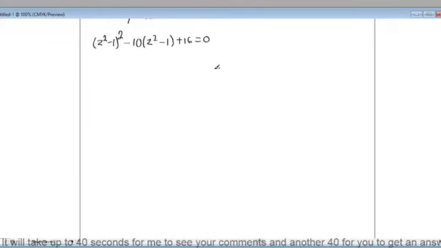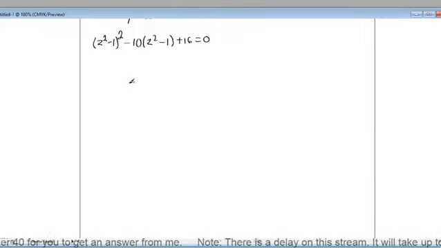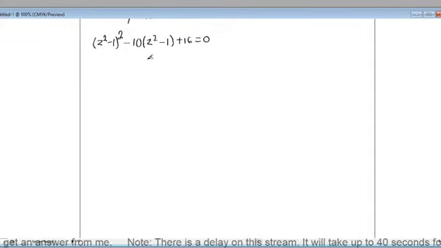All right. So this one, the thing about it is that it's kind of like a quadratic right now. We do have these repeated terms. That is, z squared minus 1 is repeated here and here. And so what we can do to make it a little bit easier on ourselves to solve this is to replace this with something. I use m.